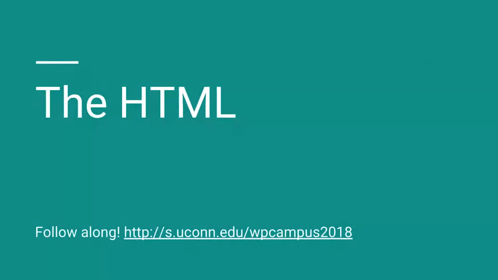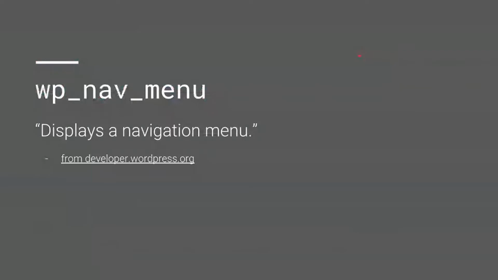And when we want to build a theme, or write a custom plugin for that theme, the WP Nav menu is an excellent place to start. According to the WordPress documentation, WP Nav menu displays a navigation menu. That's what it does. It's a function that displays a navigation menu. It's easy to implement, and it's easy to understand.